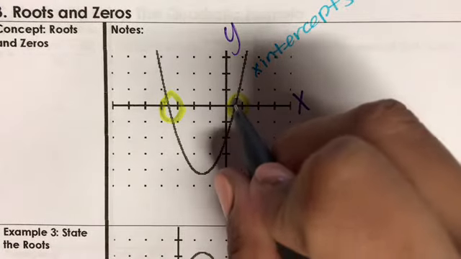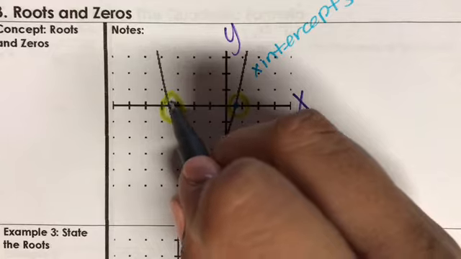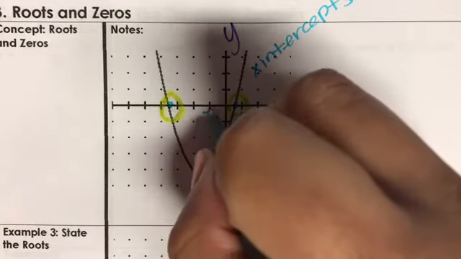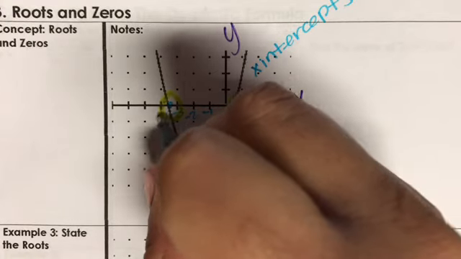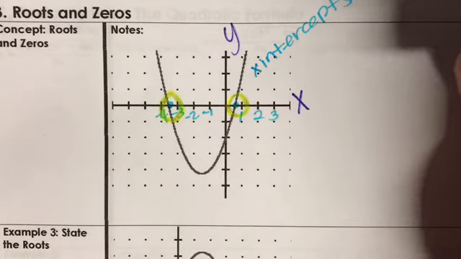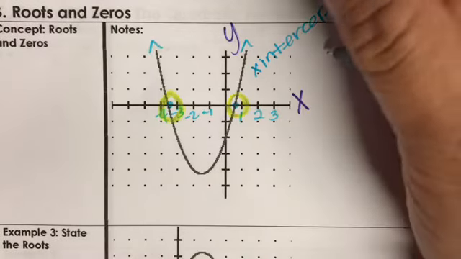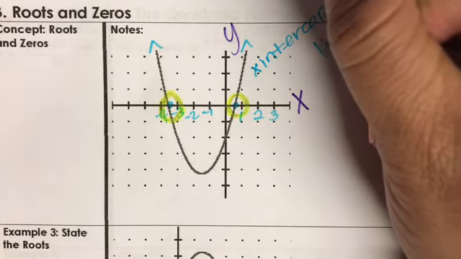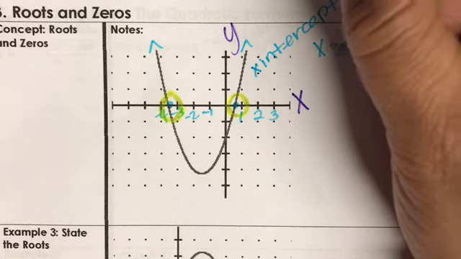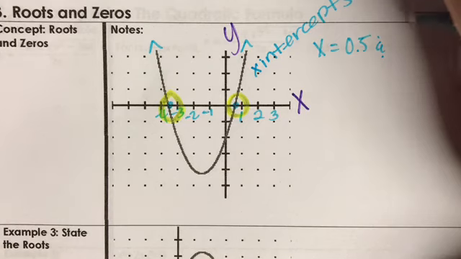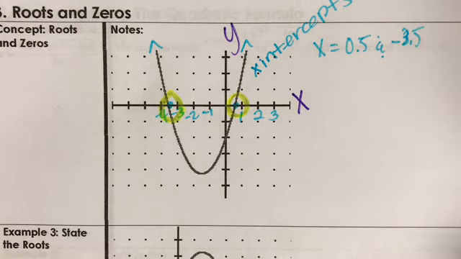And if I were to label them, say this is 1, 2, 3, -1, -2, -3, -4, I would say that the roots of this graph are x equals 0.5 and -3.5.